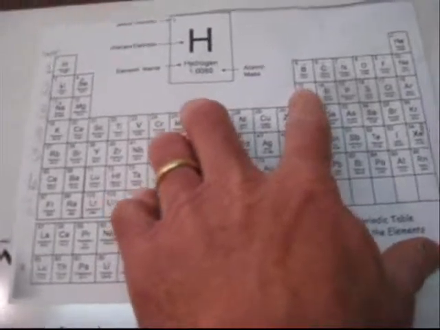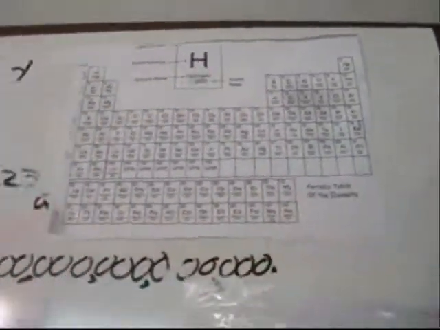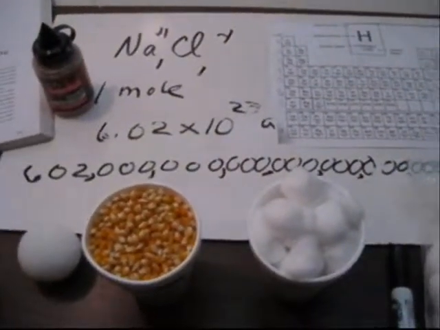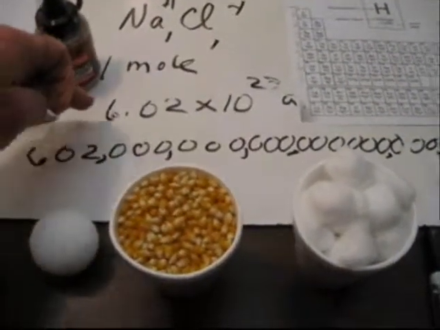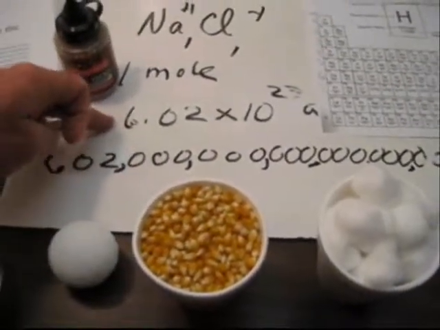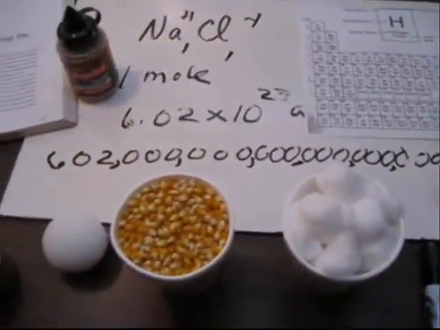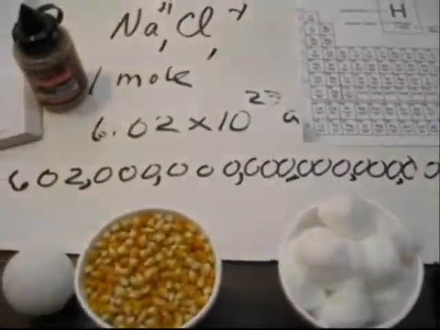Its atomic number is 13. Atomic mass is about 27 grams. And so it would take about 27 grams of aluminum to make 1 mole of aluminum. If you have a mole of aluminum, you know you have approximately Avogadro's number of atoms of aluminum, and therefore you can put it into a compound.